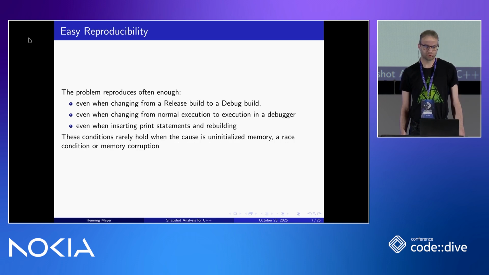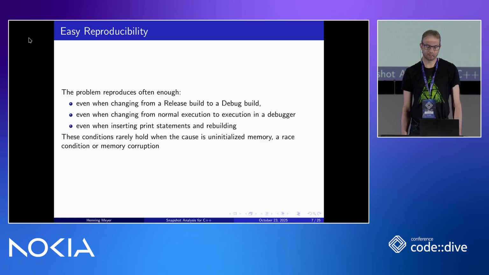And the problem is that we have lots of other problems that we need to debug. So if we use uninitialized data, the behavior might change every time we run. The behavior might also change every time we build. And if you have a race condition and you insert a print statement to analyze it, you change the timing behavior.